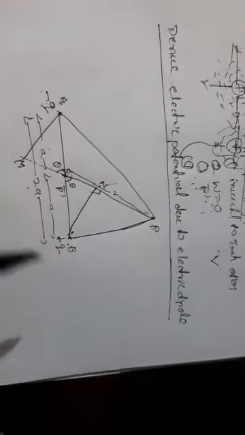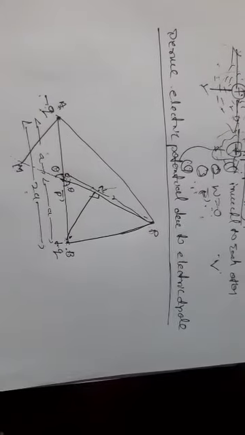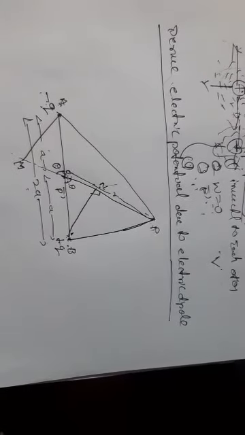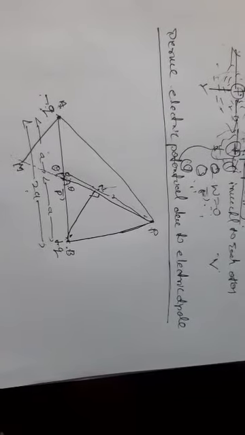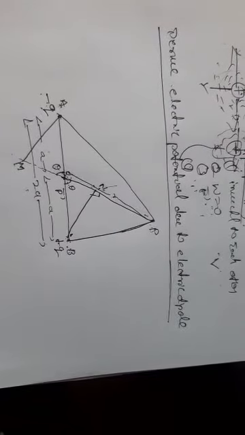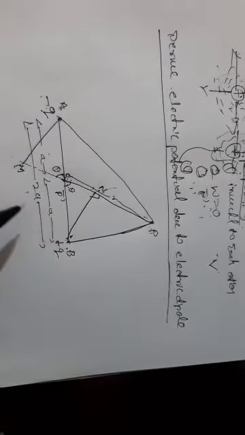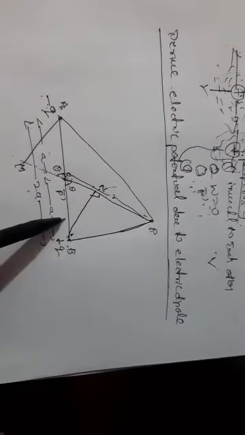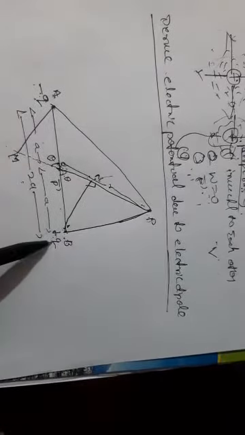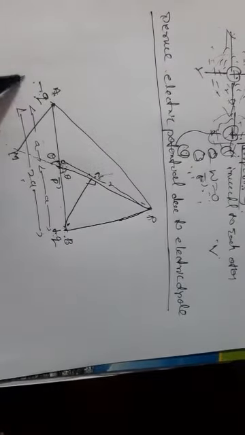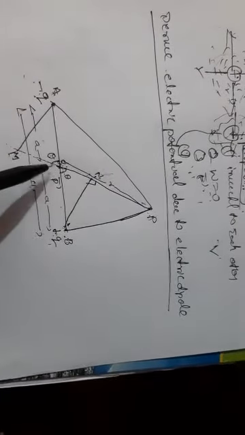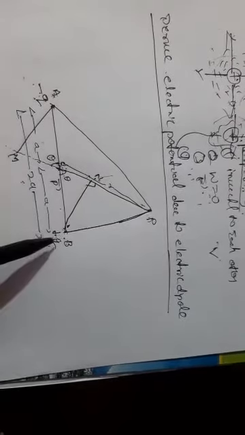That's the explanation of the electric potential due to the dipole system. Once again, the diagram shows the negative and positive charges, minus q and plus q, the magnitude of the charges. The distance between the two charges is 2a, and O is the midpoint of the dipole system.